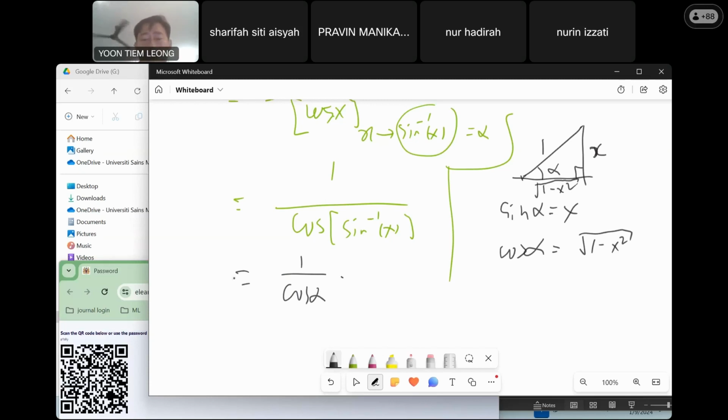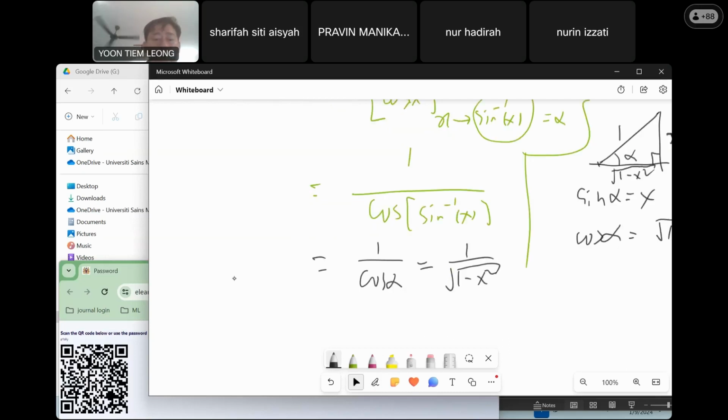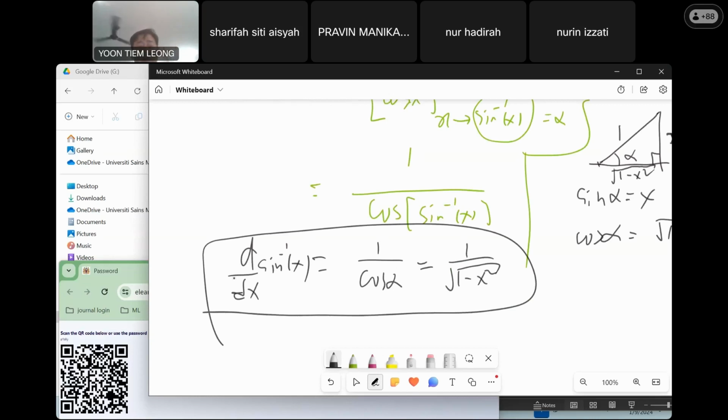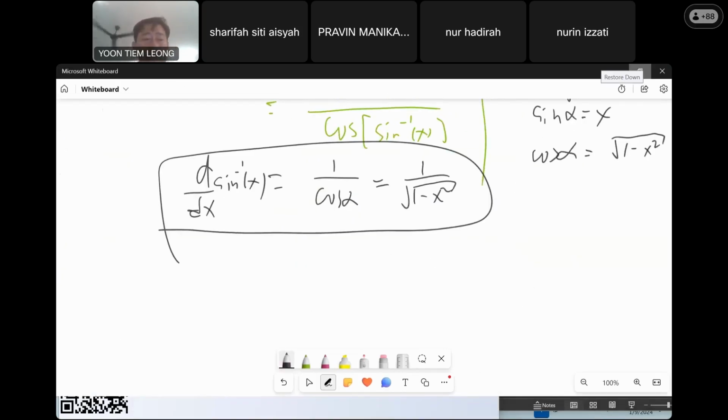So we are almost there. Here you get this to be 1 over the square root of 1 minus x squared. So that is the solution to d/dx of the arcsine of x. That is how the derivative of the arcsine is calculated.